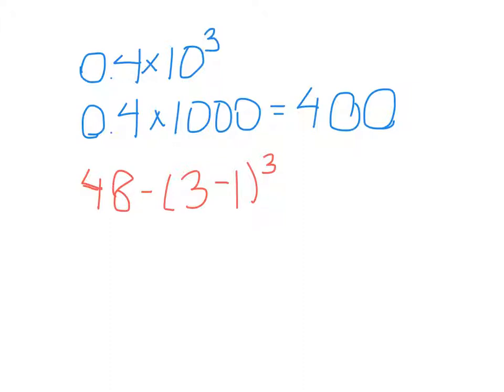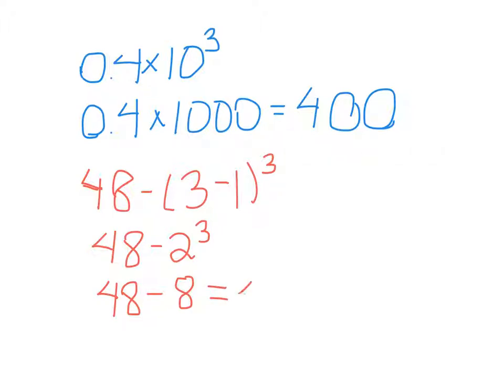We have 3 minus 1. That equals 2. So we rewrite it, 48 minus 2, and we keep that power, 2 to the third power. Now our next step would be to do the exponents. So we have 48 minus 2 to the third power, which equals 8. Now all that's left is to subtract. 48 minus 8 equals 40.